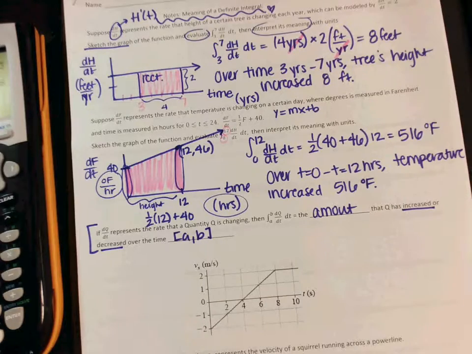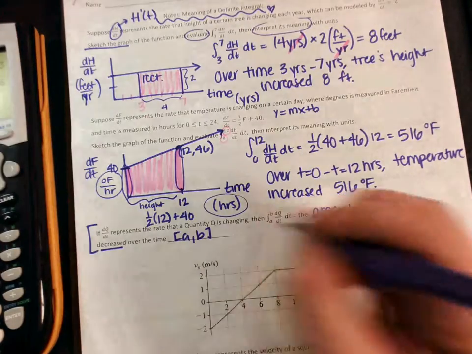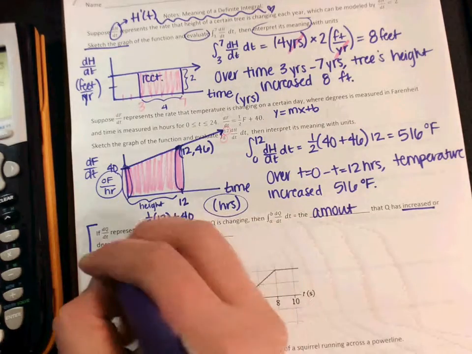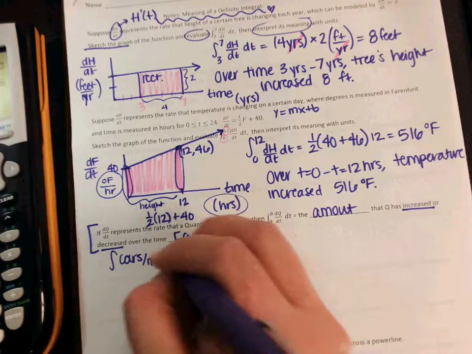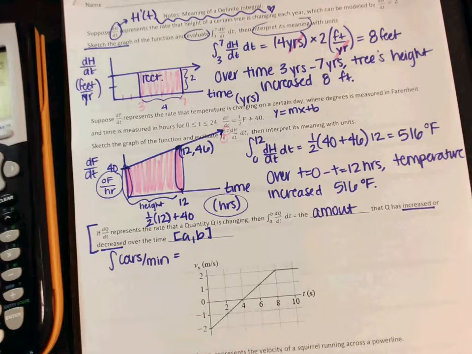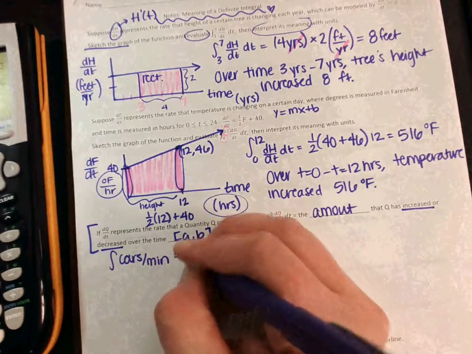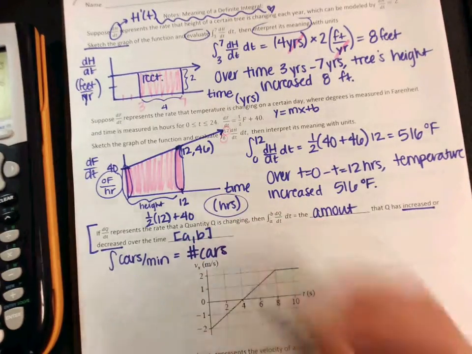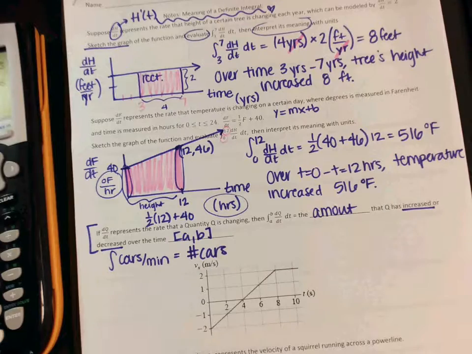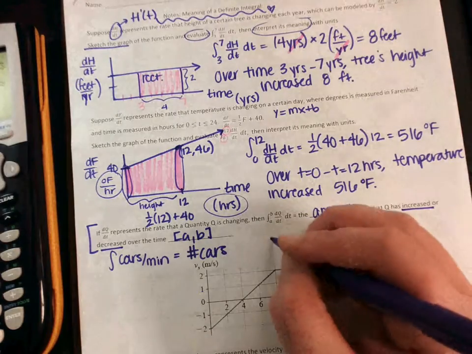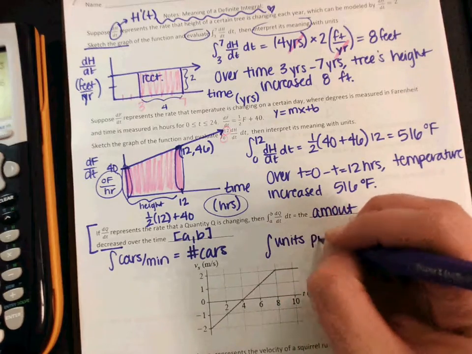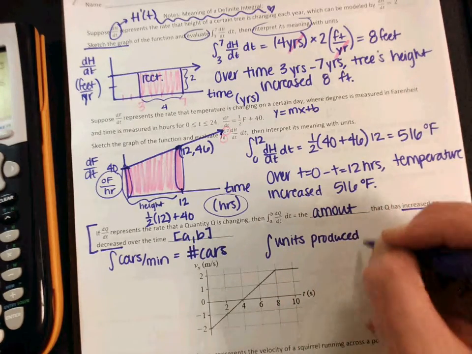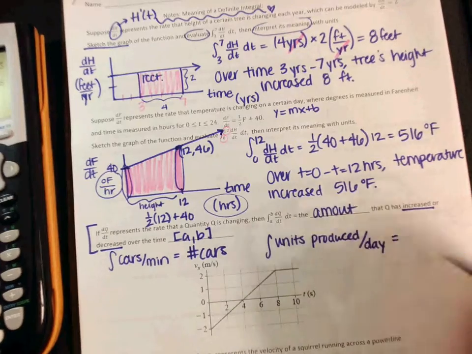Let's say that you're integrating, I'm going to give you 3 examples just for fun. Let's say it's cars per minute passing through an intersection. What would your units be after you integrate it? A number of cars. Very good. Let's say that you're talking about a factory, and the factory tells you how many units they produce per day, and you were to integrate.